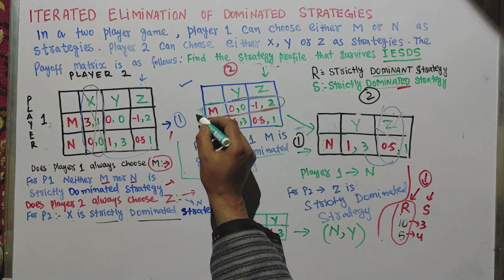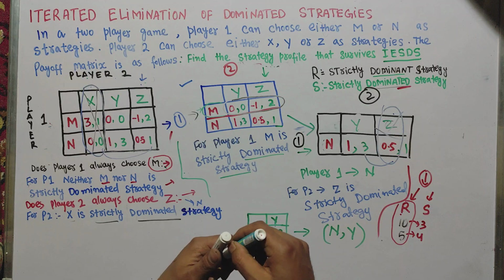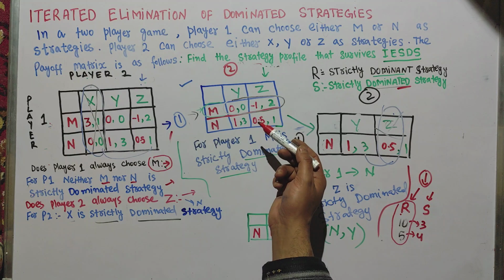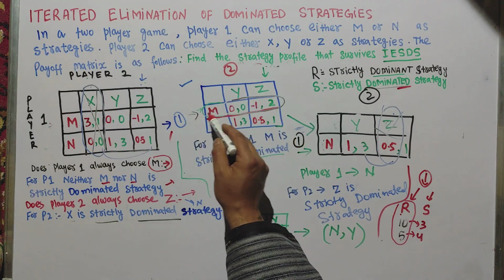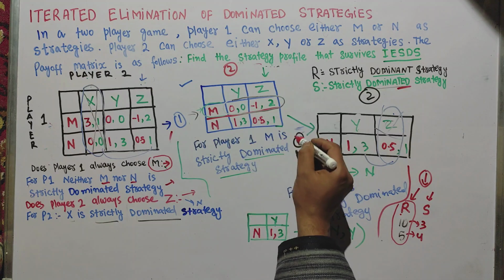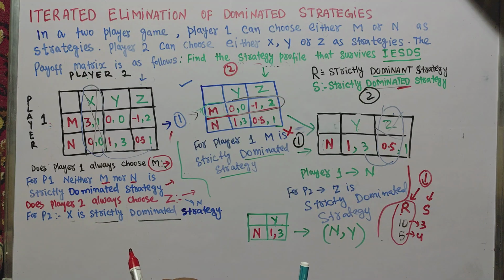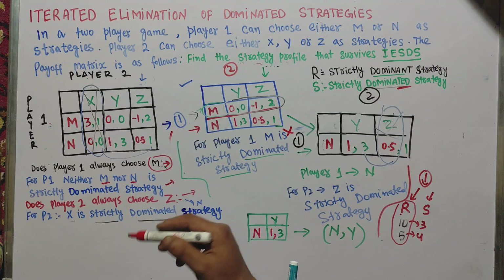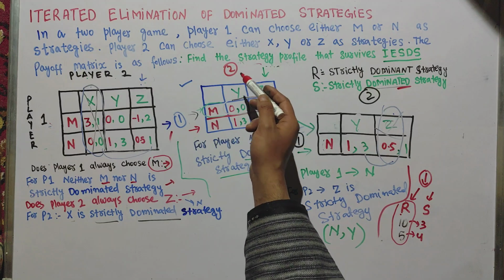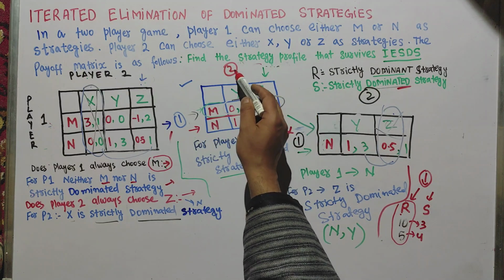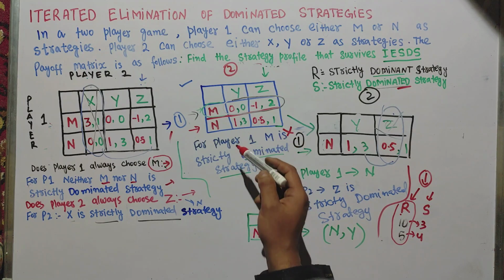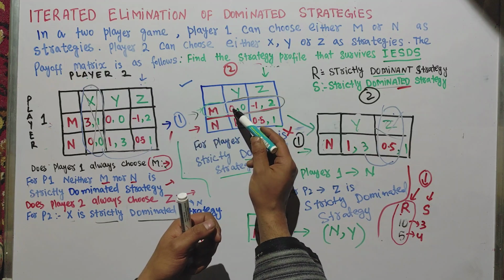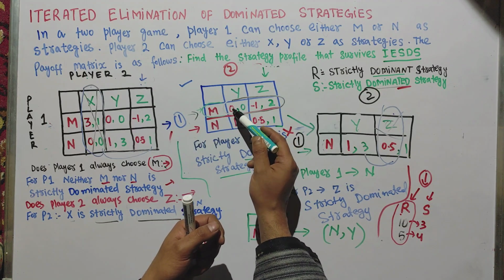Let us see for player 1, does player 1 always choose M here? When player 2 chooses Y, player 1 chooses N. So we say no, it is not a strictly dominant strategy. Now does player 1 always choose N when player 2 chooses Y or Z? When player 2 chooses Y, player 1 chooses N because 1 is greater than 0.